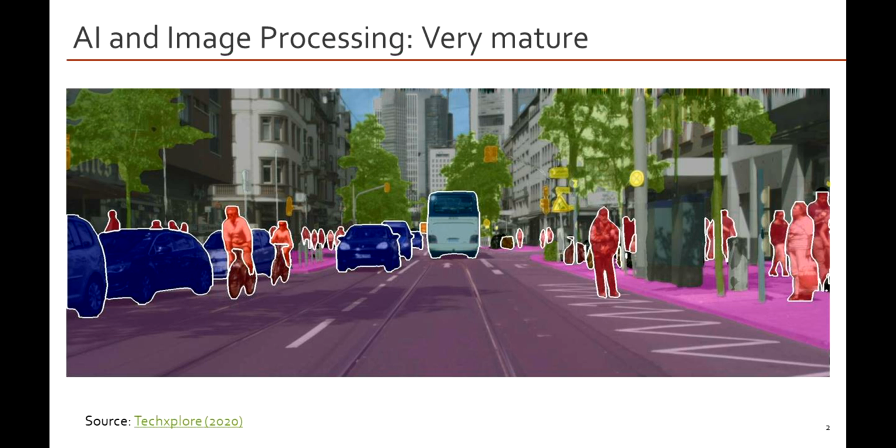This is an example from a blog post in 2020, just illustrating the richness with which AI-based computer vision techniques can go and really understand what information is available in an image. And here you can see an image that is segmented into vehicles.